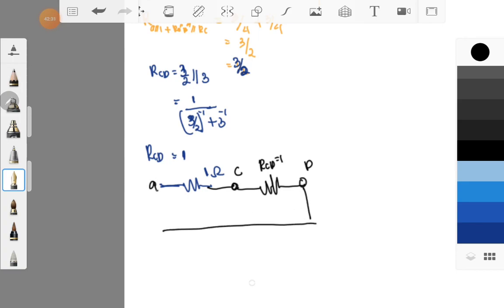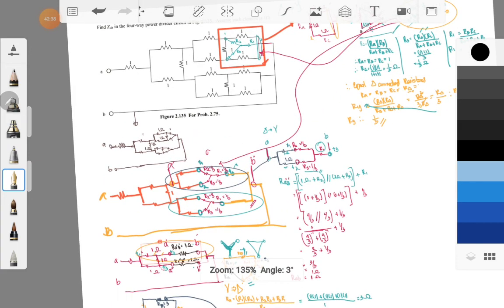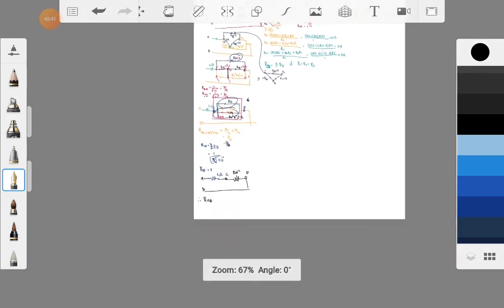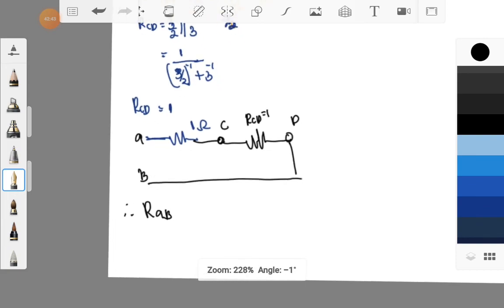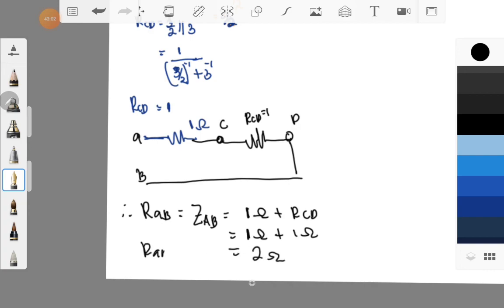This will be the terminals A and B. So therefore, my RAB, or the ZAB being asked, Z stands for impedance, but impedance will be used in your AC analysis. ZAB is equal to 1 ohm plus our RCD. So we have 1 ohm plus 1 ohm is equal to 2 ohm.